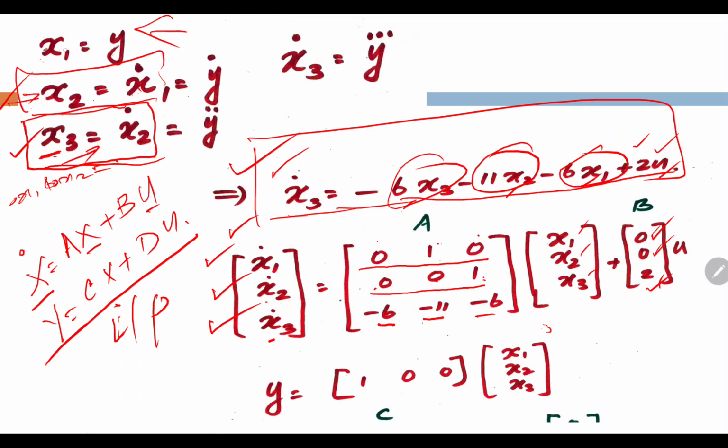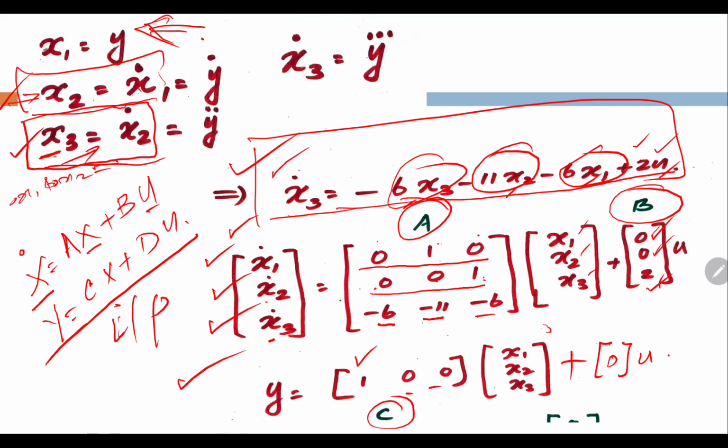So I am putting 1 in the x1 place, and 0 0, with state variables x1, x2, x3, plus the D matrix, which is 0, into u, because y is purely dependent on x1 and does not depend upon u. And we have found the A matrix, B matrix, and C matrix. Using these we are going to find the controllability and observability of the system.